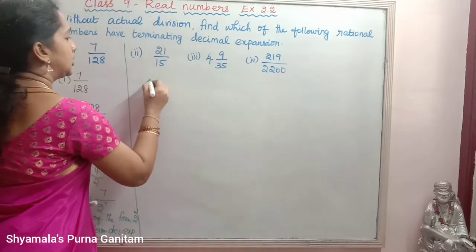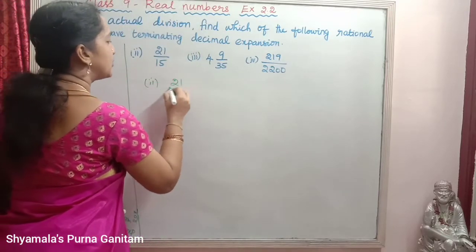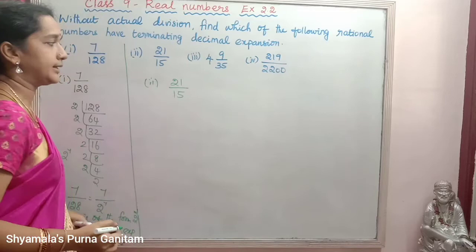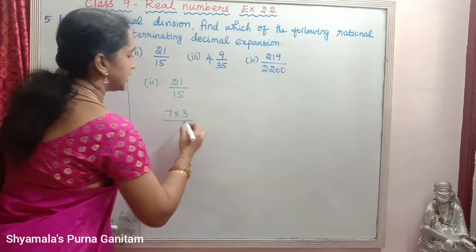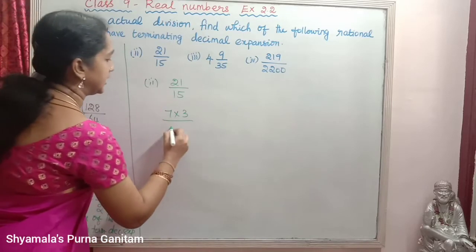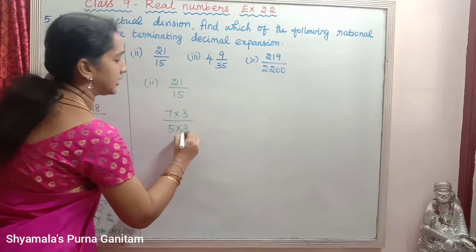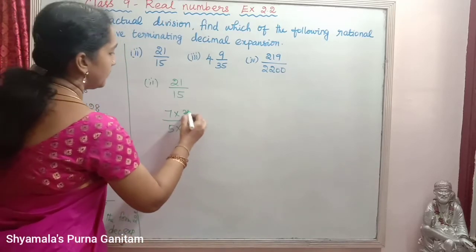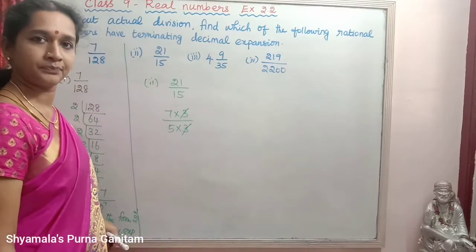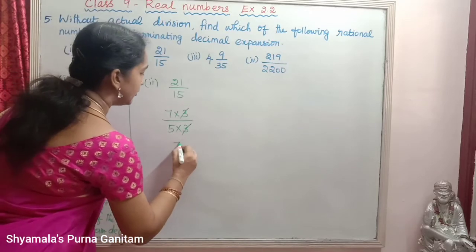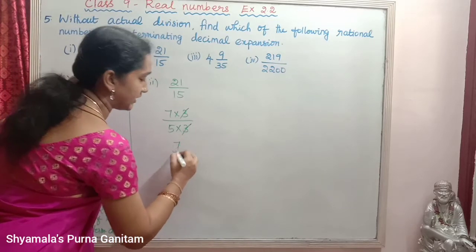Now the second one is 21 by 15. The factors of 21 are 7 into 3, since 7 threes are 21. For 15 it is 5 into 3, since 5 threes are 15. So 3 and 3 will get cancelled, and we get 7 by 5.